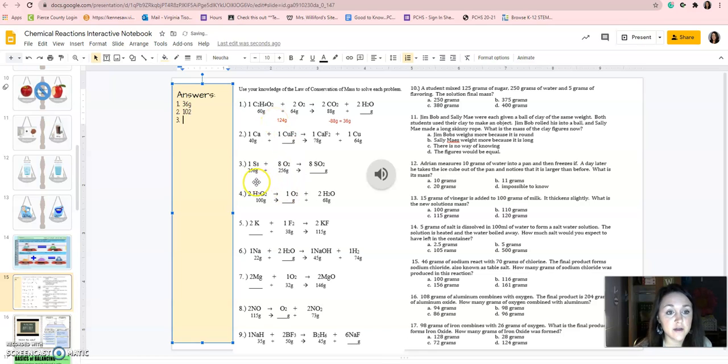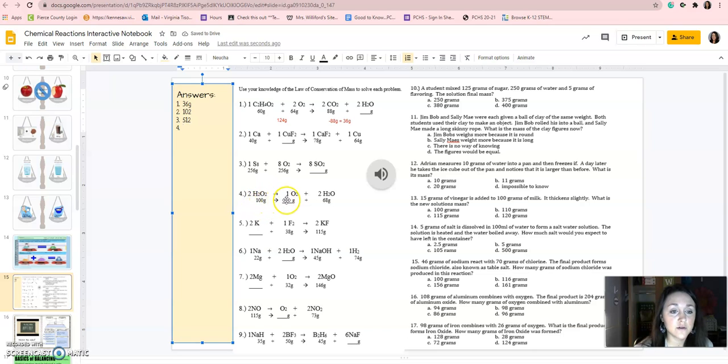Okay, number 3, whatever's on this side has to equal on this side. So I'm going to take 256 plus 256, and I get 512. So if I've got 512 on that side, got to have 512 on this side. Okay, and we go on to number 4.